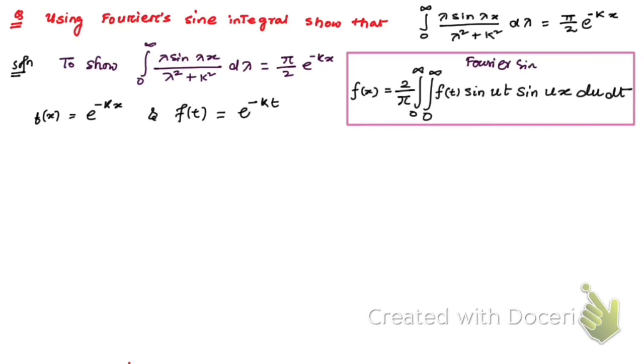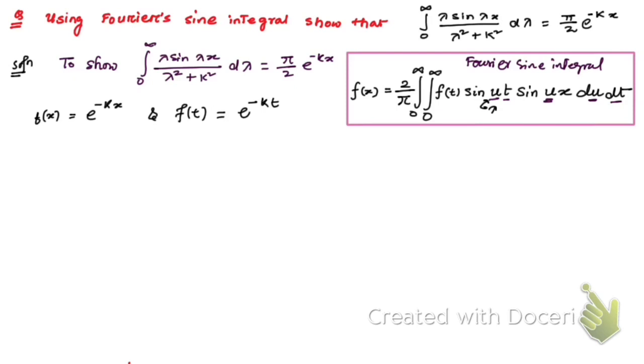Here we have u and du dt, this is ut, but instead of du we have d lambda. So that's why we're going to use lambda instead of u, right?